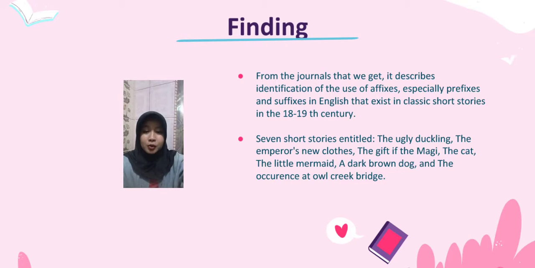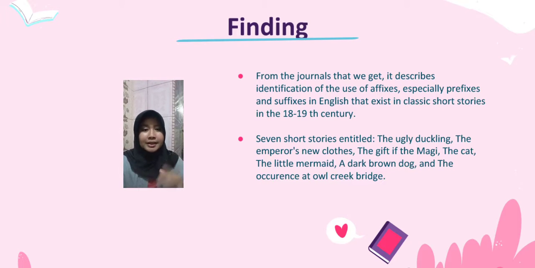Seven short stories entitled The Ugly Duckling, The Emperor's New Clothes, The Gift of the Magi, The Cat, The Little Mermaid, A Dark Brown Dog, and An Occurrence at Owl Creek Bridge. You can search for these stories on the internet, because all the stories were written by famous authors, but they are not attached in this journal.